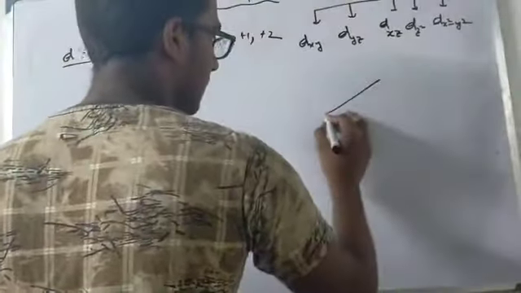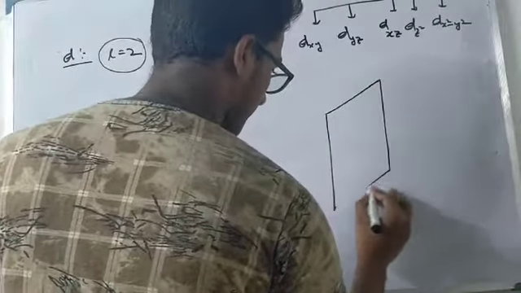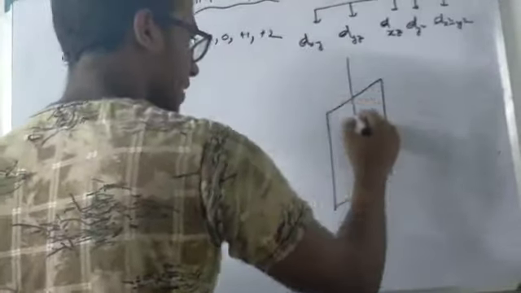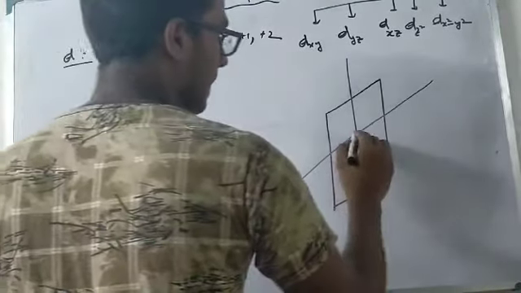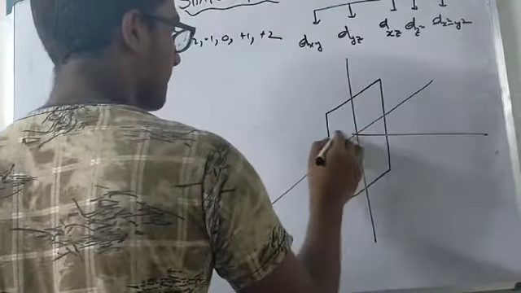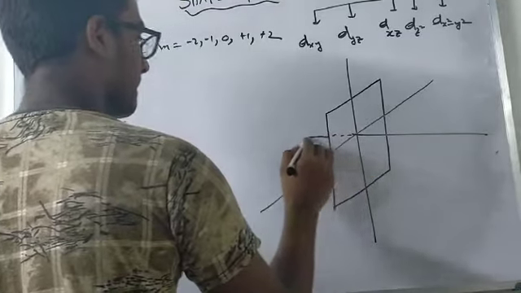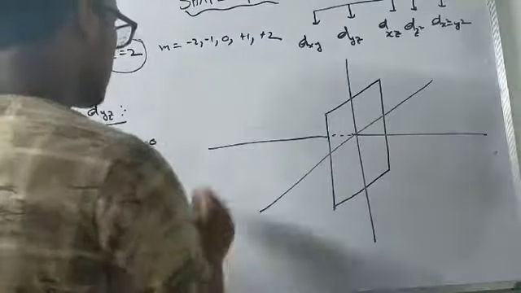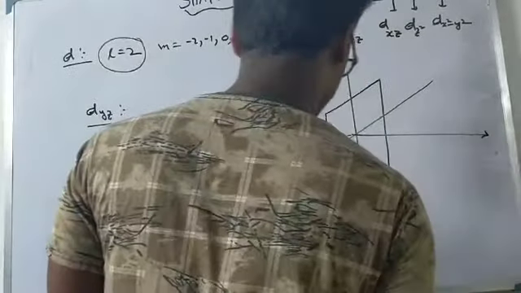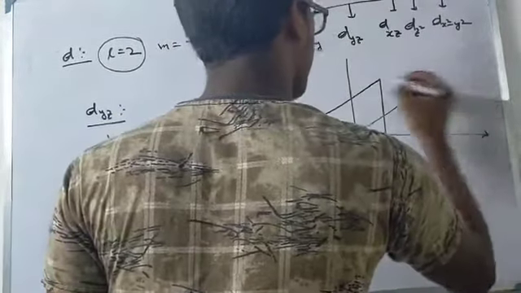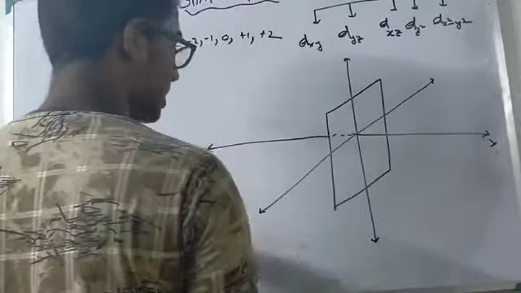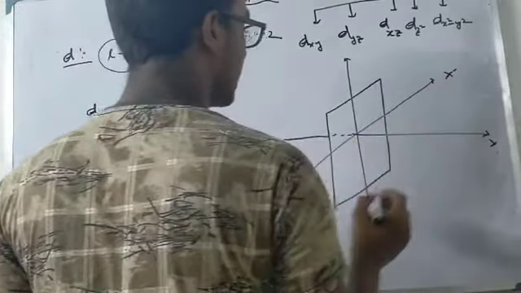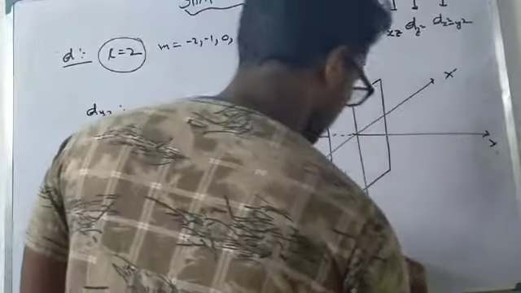So what is the shape of the orbital? If I draw the axis, this is my y dash, x dash, z dash.